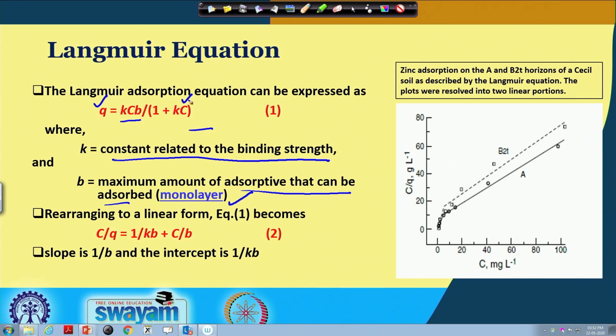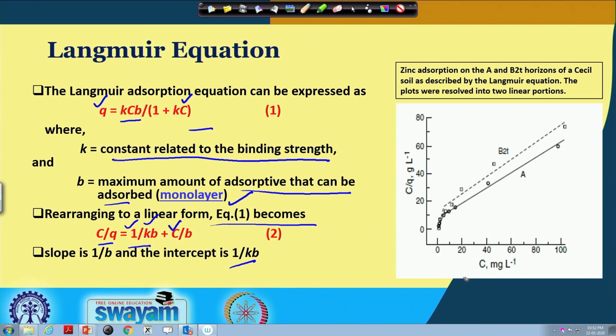And Q is the amount adsorbed. So, rearranging to a linear form, equation 1 becomes C/Q = 1/(KB) + C/B. So, the slope is 1/B and the intercept is 1/(KB).